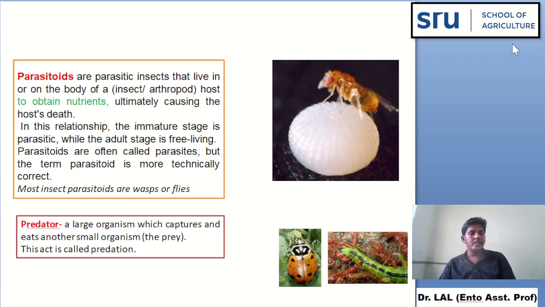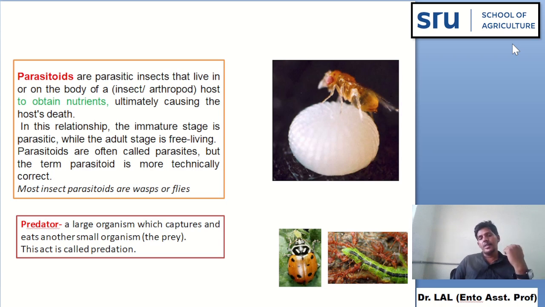In this relationship, the immature stage of the parasitic insect is parasitic or damage causing, while the adult stage is free living. Parasitoids are often called parasites, but the term parasitoid is more technically correct. Most parasitoids are wasps or flies.